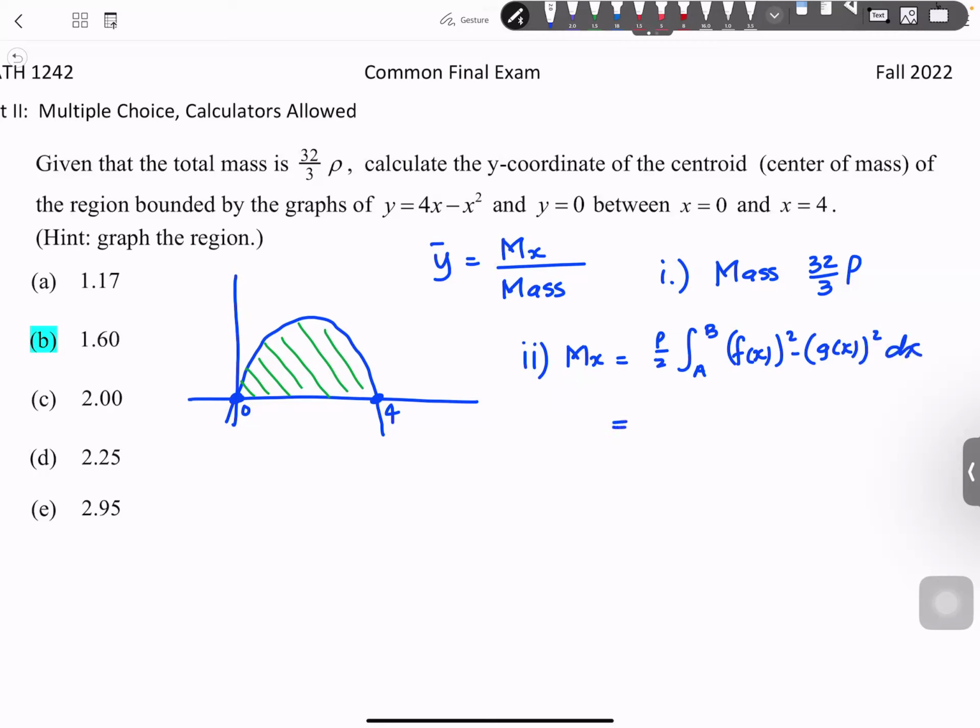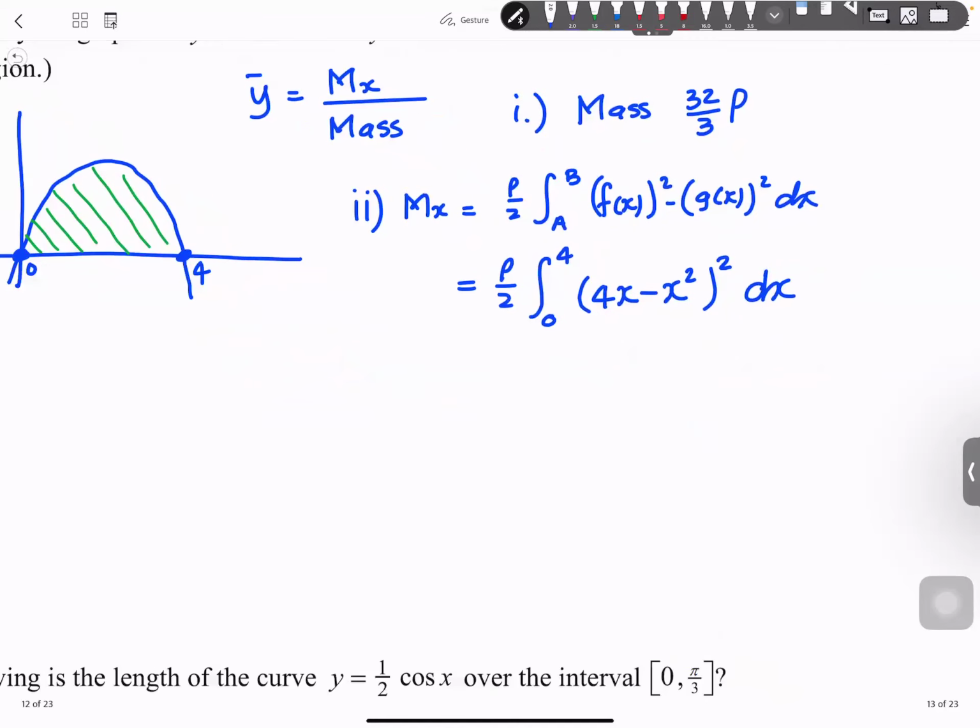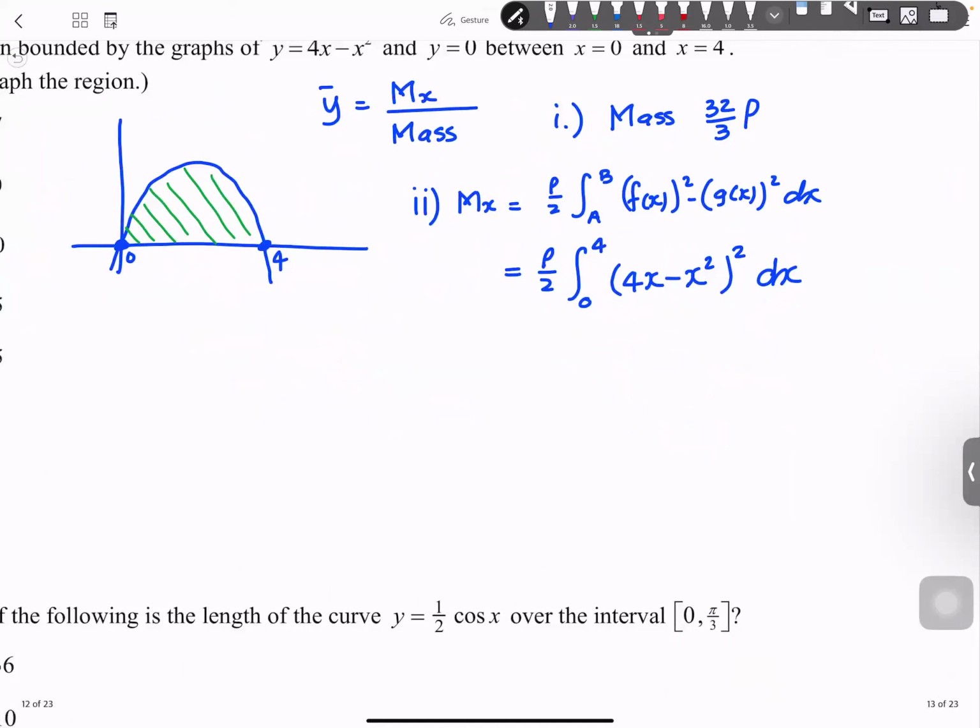In this case, we only have the one function, so this is rho over 2 times the integral from 0 to 4 of 4x minus x squared. Our inside function is just the x-axis, so it is the line y equals 0.